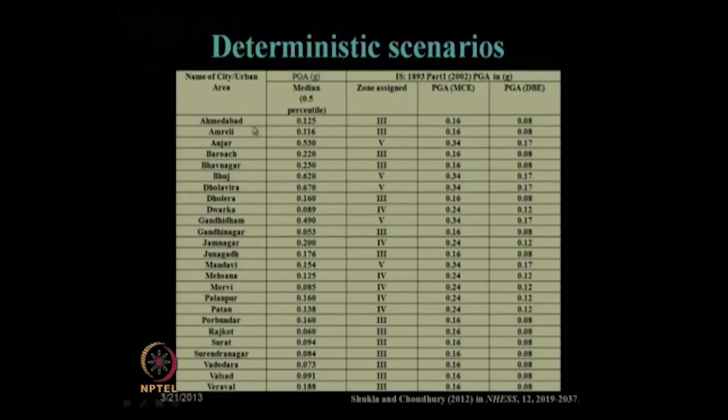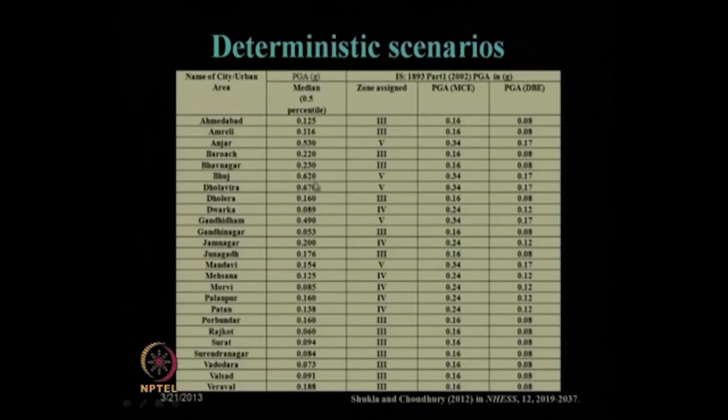Here, for Ahmedabad, you can see our present study is on the lower side than the IS code proposed value. But I want to draw your attention to seismic zone 5, the most vulnerable zone as per the seismic zonation map of the IS code. Let us look at Bhuj city.